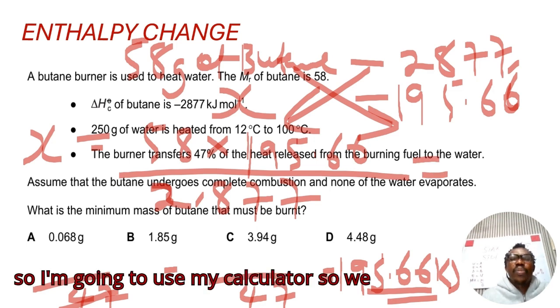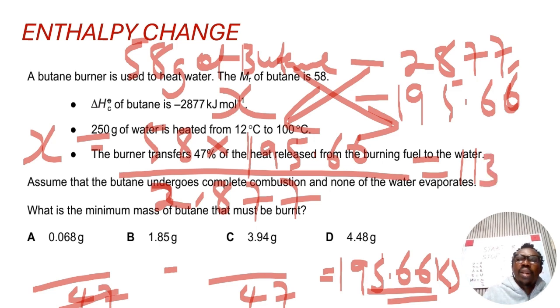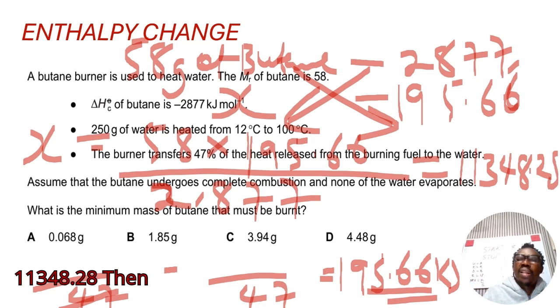2,807.77. So I'm going to use my calculator. So we'll now have what? 58 multiplied by 195.66 will be equal to 11348.28.